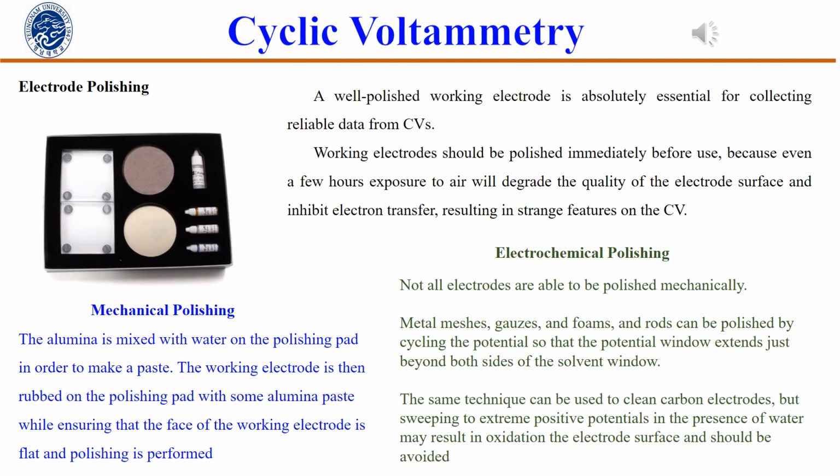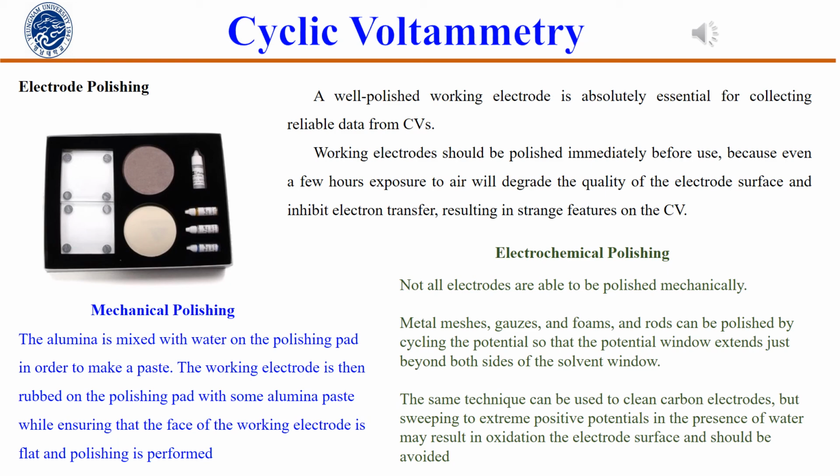As we mentioned earlier, polishing of the electrode is very essential. Here we have two methods of polishing: one is mechanical polishing and the other is electrochemical polishing. A well polished working electrode is absolutely essential for collecting reliable data from cyclic voltammetry.